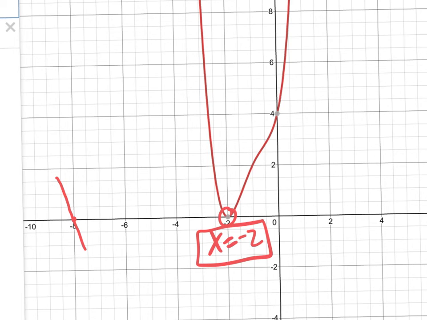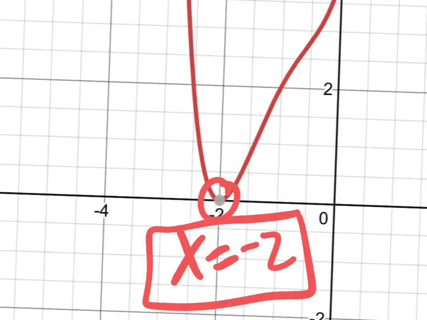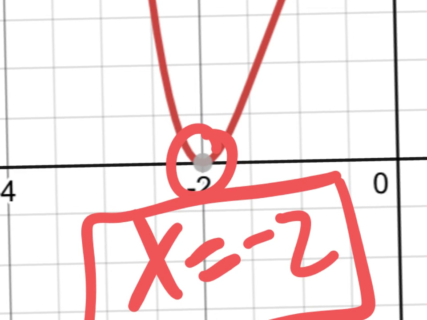But if it just touches, if it goes down and touches and comes back up, that kind of looks like a parabola, right? Which would kind of be like an x squared, which means that this answer of -2 must have a multiplicity of 2 at least, right? So this x equals -2, you could probably use it 2 times, right?